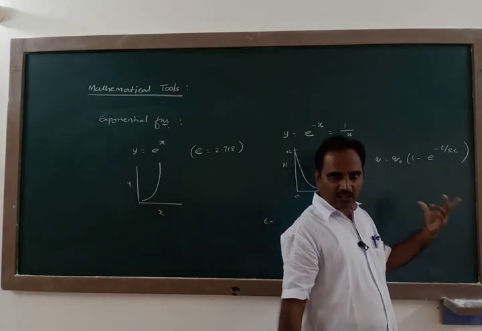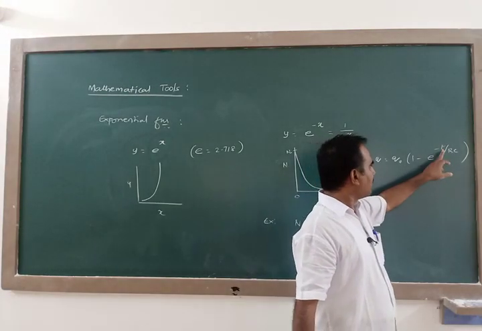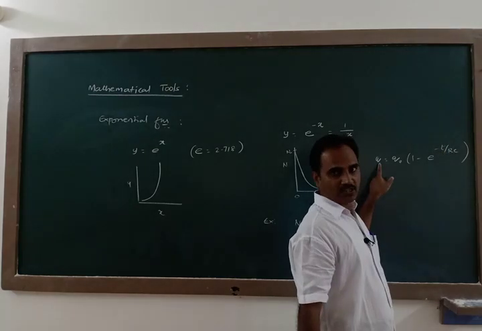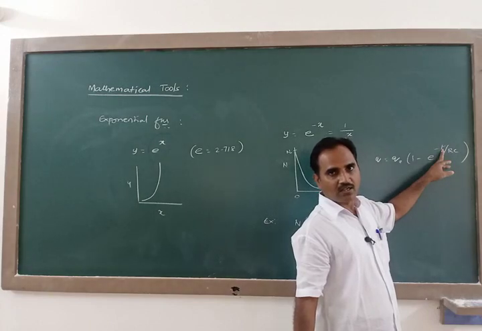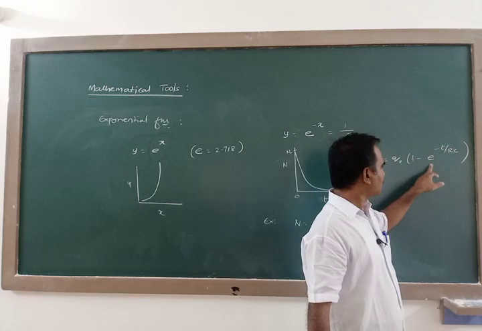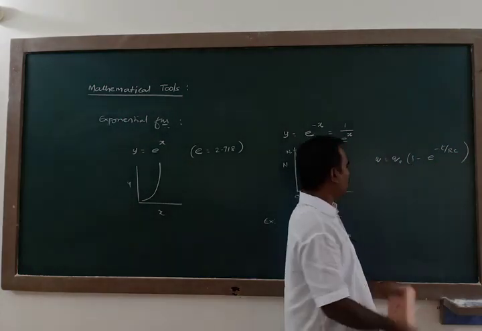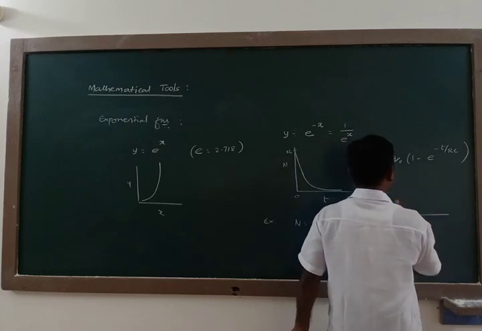So during the charging of the capacitor, as the time increases, this Q will increase, because with increase of t, this term decreases, so 1 minus that decreased term will increase. Therefore, if you plot a graph of Q versus t, you will get this type of graph.